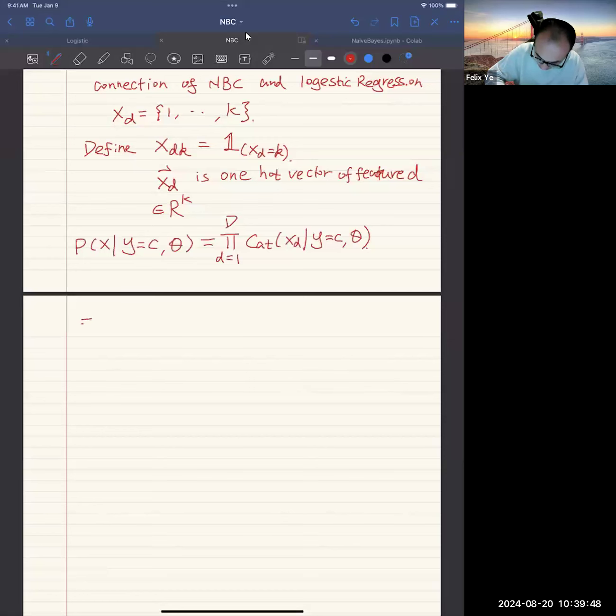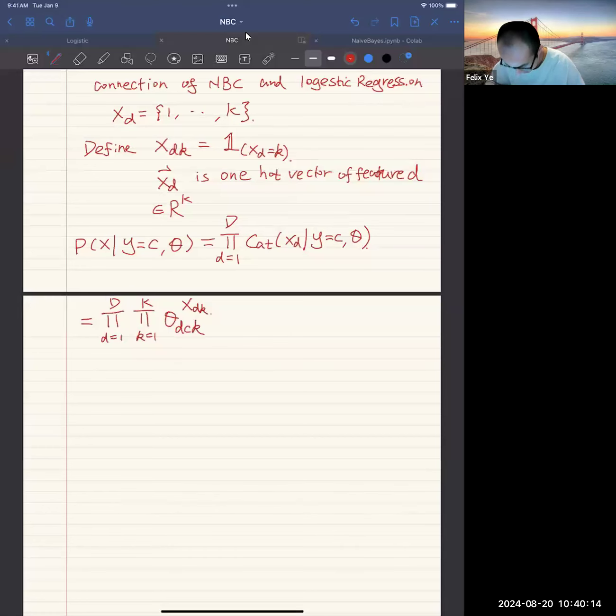This gives us the product over d from 1 to D, product over k from 1 to K, of theta_dck to the power of x_dk.